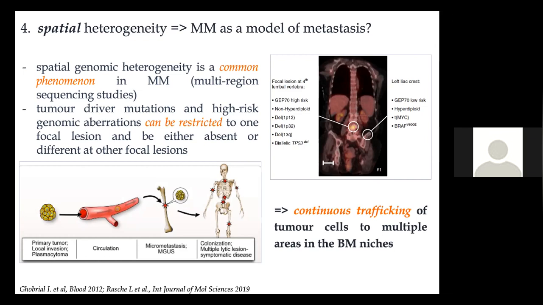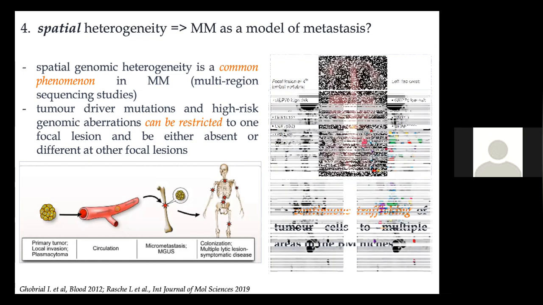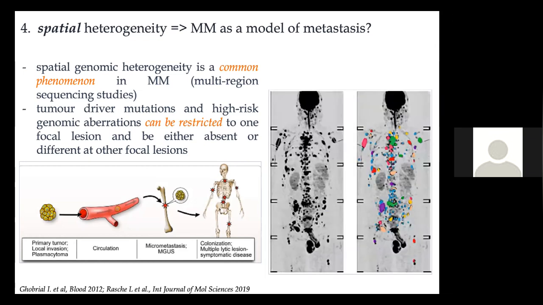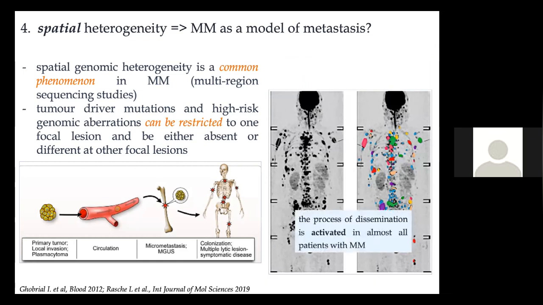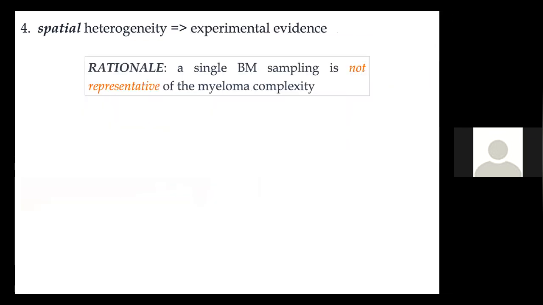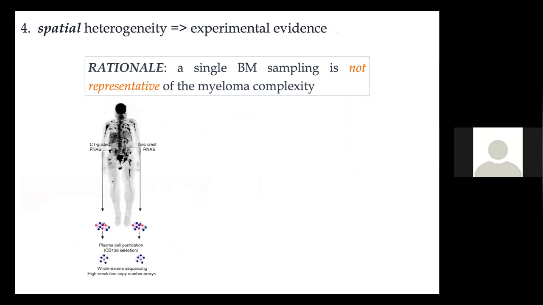In line with this, the fact that most patients present with multiple lesions at the time of diagnosis might indicate that the process of cell dissemination or metastasis is activated in almost all patients with multiple myeloma. The experimental evidence of this derives from a recent study whose rationale was that single bone marrow samples would not be representative of the whole complexity of myeloma.